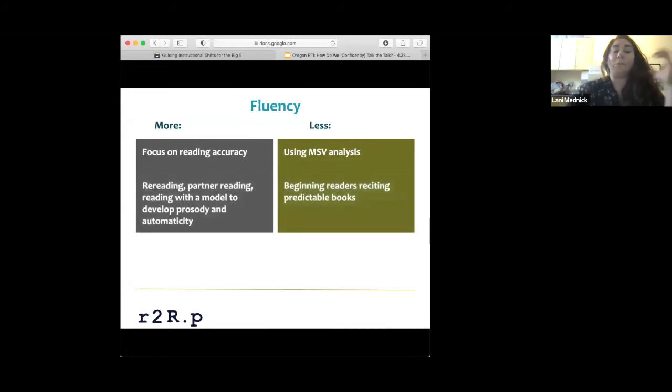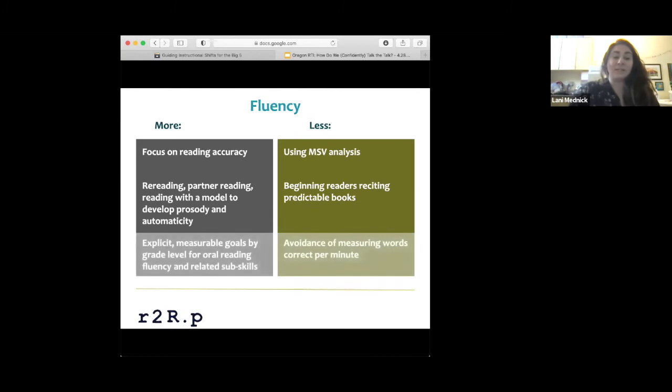We want more practice with rereading, partner reading, reading with a model to develop prosody and automaticity. Students will be better supported when they have plenty of time to apply all the sound spelling they're learning in their phonics instruction to text. So these practices are some examples that will develop prosody, develop automaticity, much more so than a predictable book, which instead perpetuates those counterproductive habits.